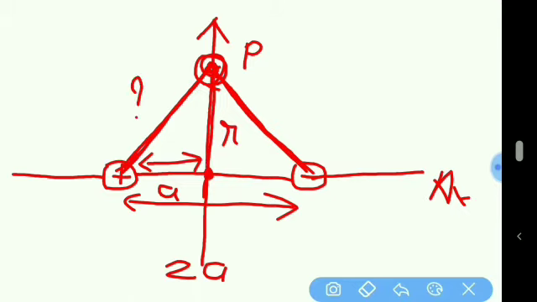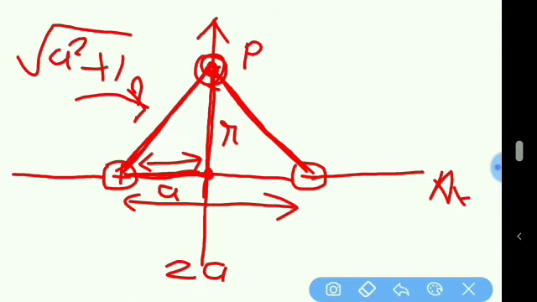As this is R, this is A, this distance will be root of A square plus R square. So this concept we are going to use to find the electric field on the equator.